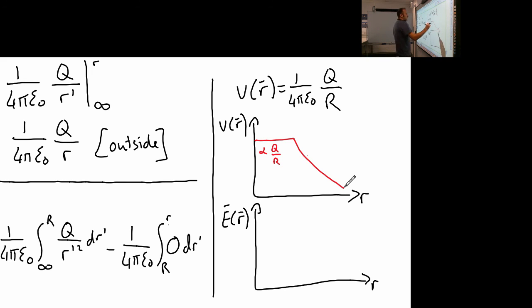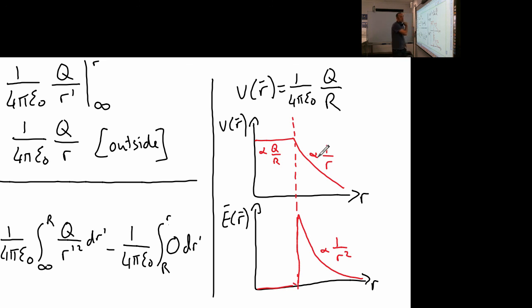The electric field, on the other hand, is 0 inside, and at the surface, what we're going to see is that the electric field is going to decrease as 1 over r squared.